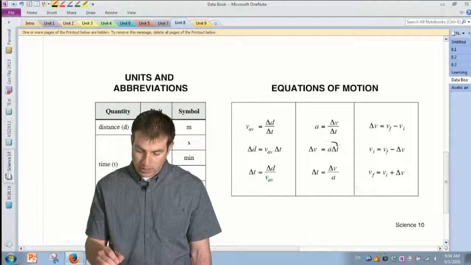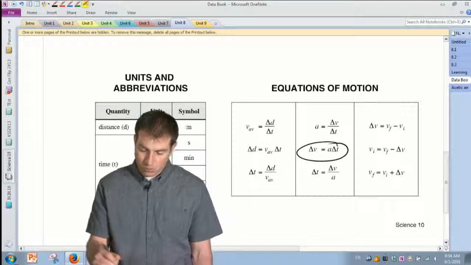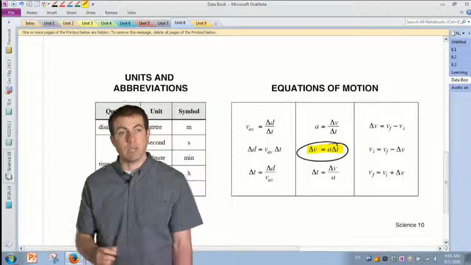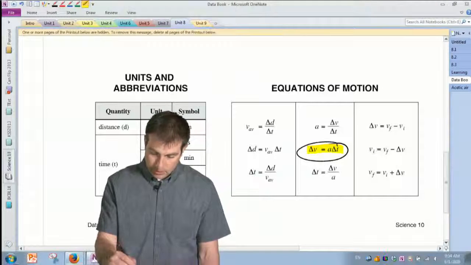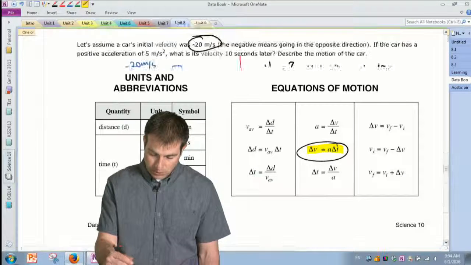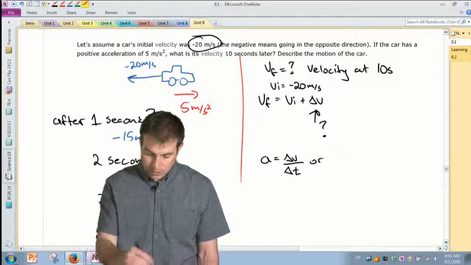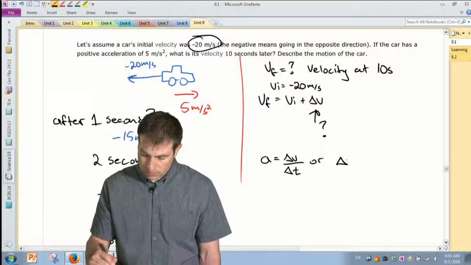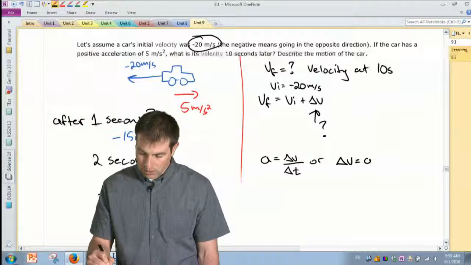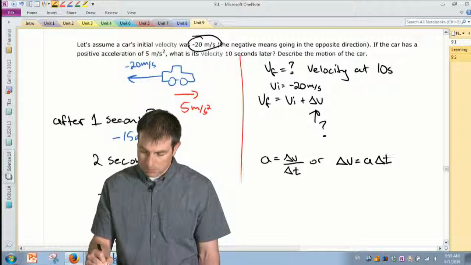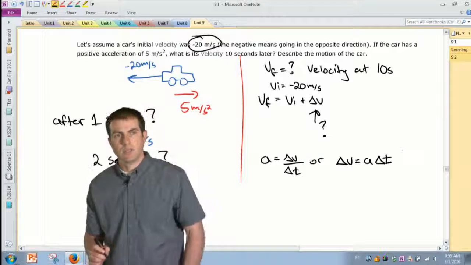I'm trying to find the change in velocity. So essentially this is a two-step type problem. And this is kind of why physics gets confusing. So my change in velocity is my acceleration times my time interval.